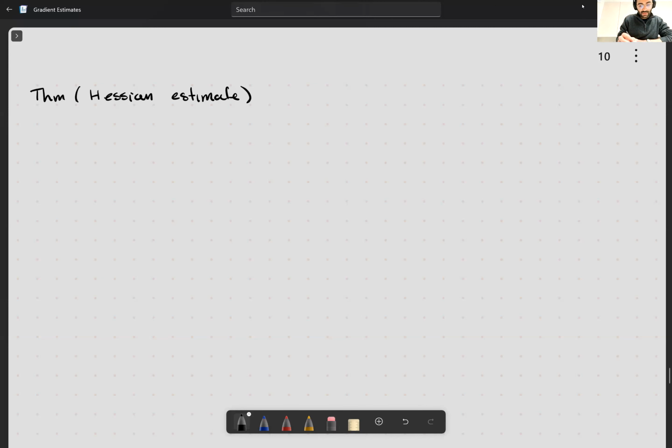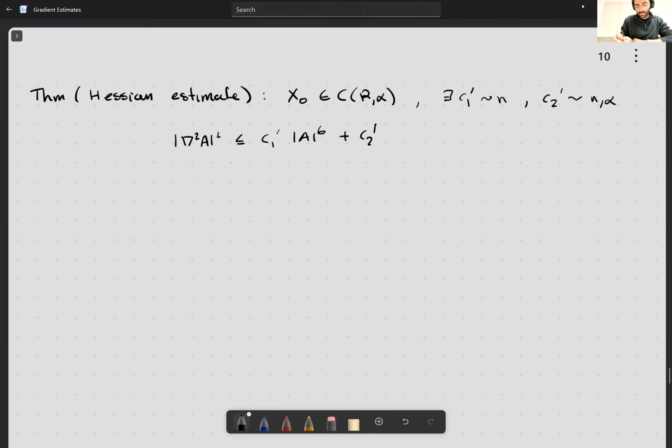The same thing: if x0 is in C alpha, then there exists C1 dash depending on n, and C2 dash depending on n and alpha, such that the Hessian of A is bounded by C1 dash A to the 6 plus C2 dash R to the minus 6 for T R squared on 4.